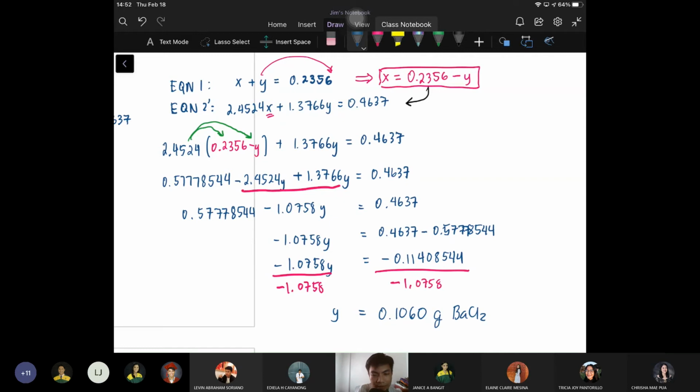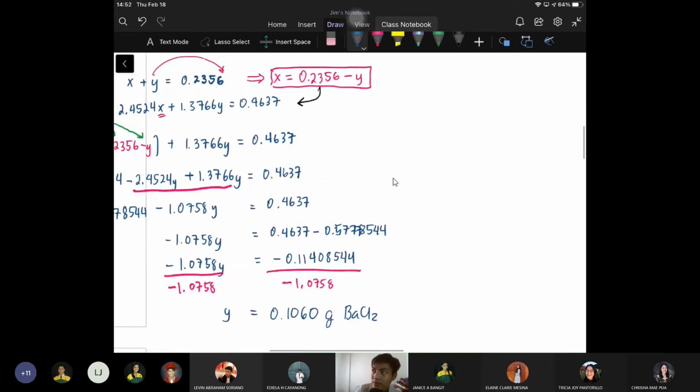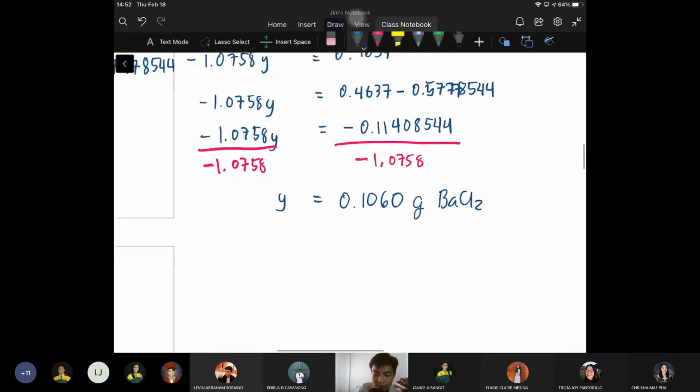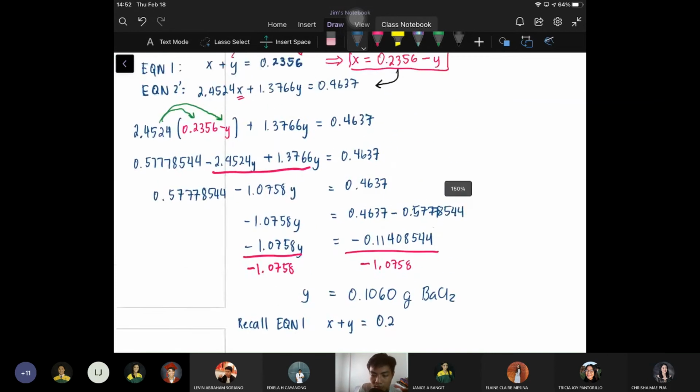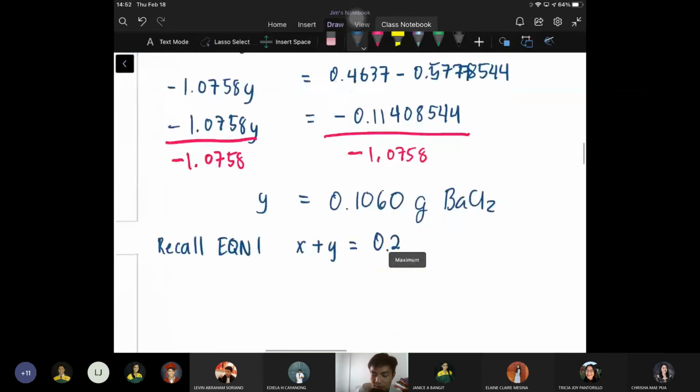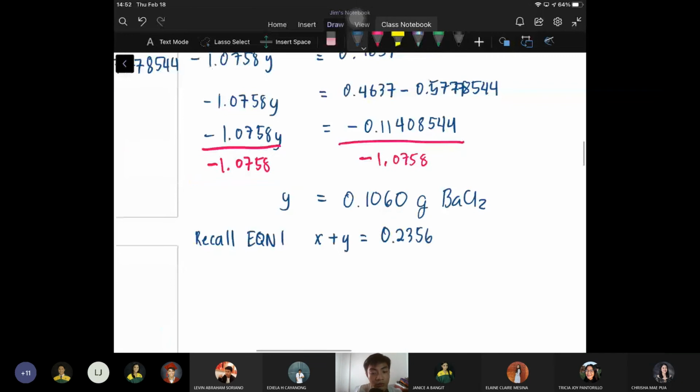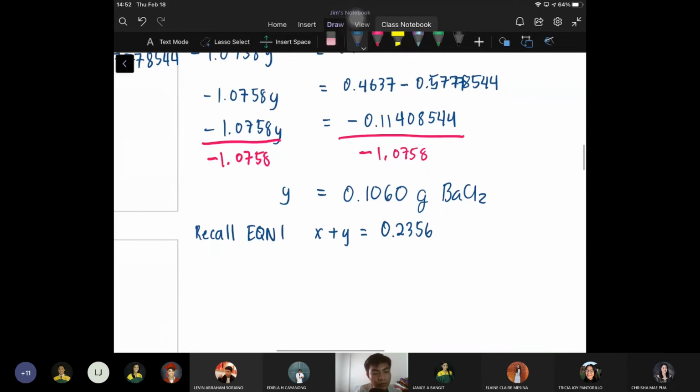How will we solve for x? No? So, to solve for x, kopyahin natin yan. To solve for x, recall equation 1. Ano equation 1? X plus y equals 0.2356 grams, di ba? We now know the value of y. No? So, basically, hanapin natin yung x.